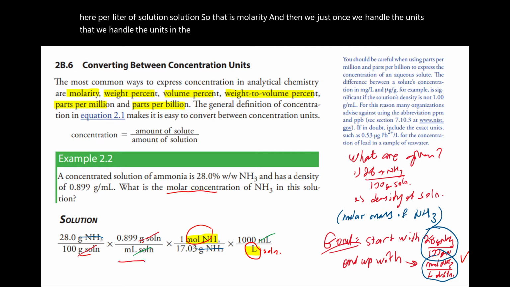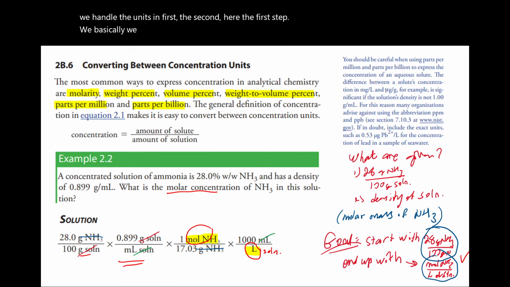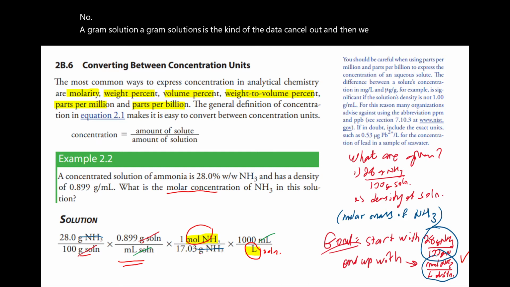Once we handle the units, we handle the units in the first step. We convert the gram solution, the gram solutions cancel out, and then we got ammonia here.